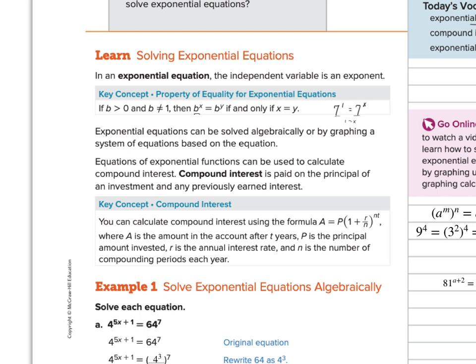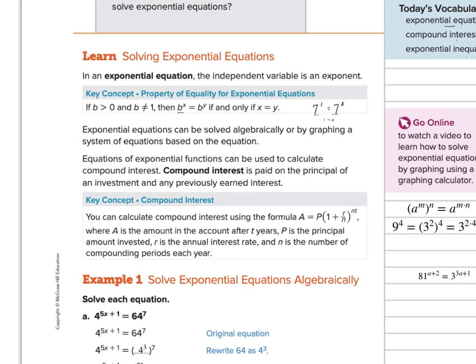Now, a special type of exponential function would be compound interest. Compound interest is paid on the principal of an investment and any previously earned interest. Here is your compound interest formula. It is also on your state reference sheet, but just thinking about what this means: A is how much we have, the account value.